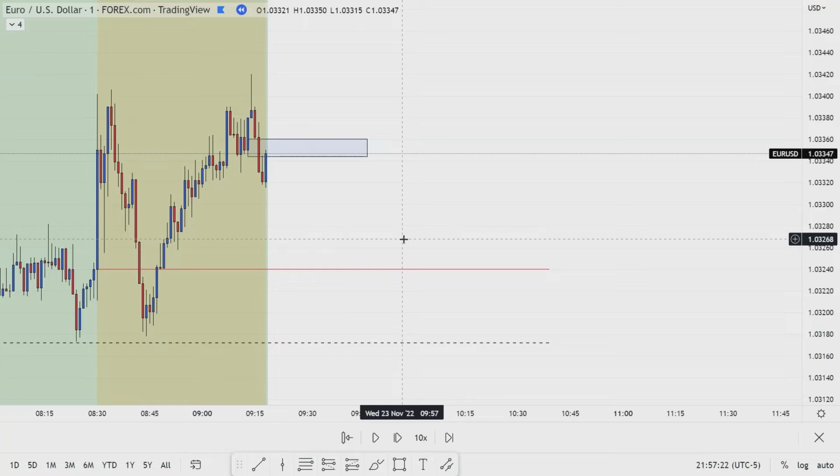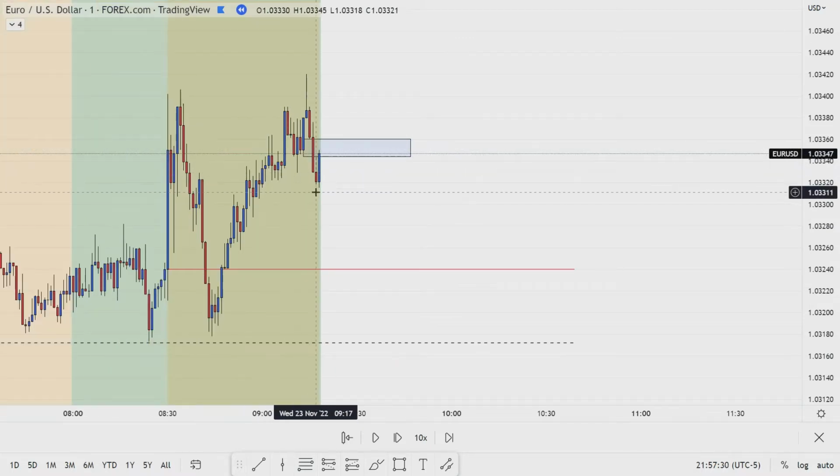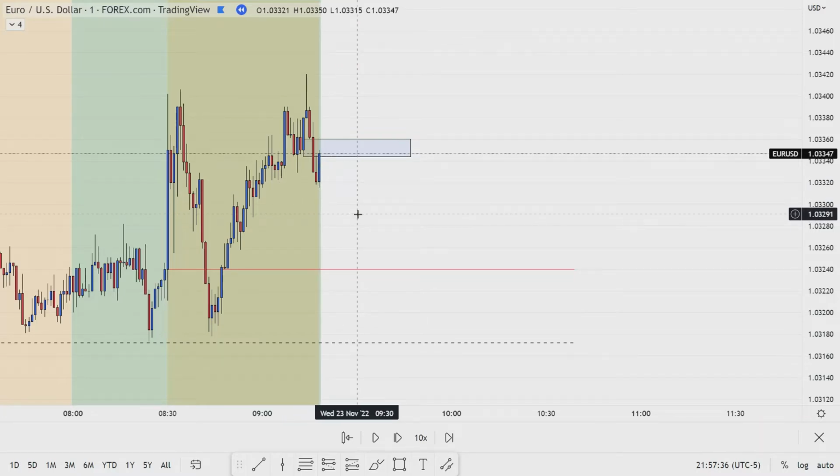Now, the only thing for me right now is that we haven't reached 9:30 opening. So the volatility that could come in for 9:30 could potentially swing above this high and take us out if we get in early.